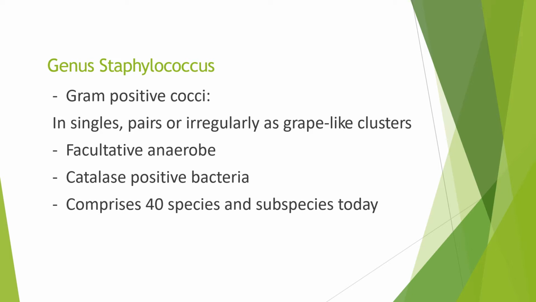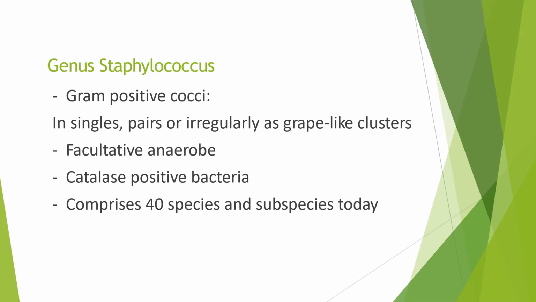Next, their characteristic is that it is a facultative anaerobe. That is a cultural character. When we culture it, it is not an aerobe. Aerobe means it only grows in the presence of oxygen. It is a facultative anaerobe, which means it can grow in carbon dioxide containing medium also.